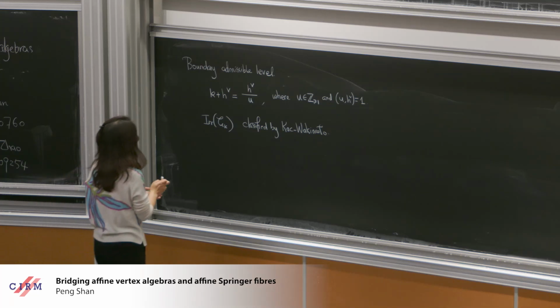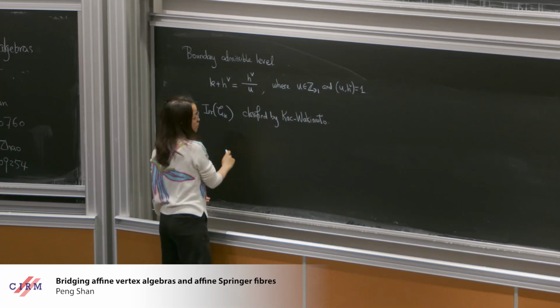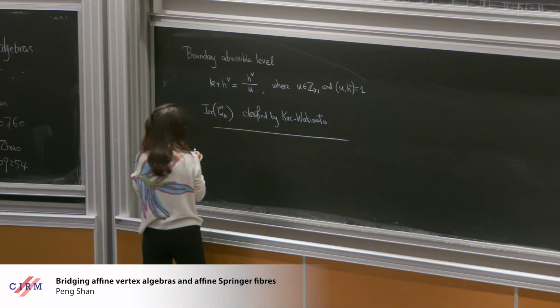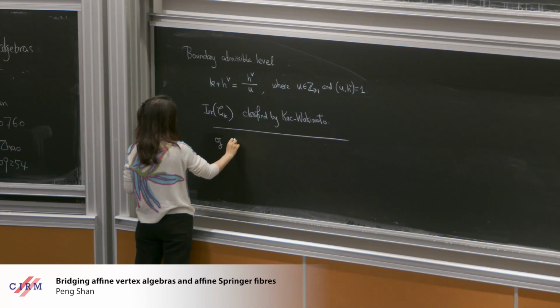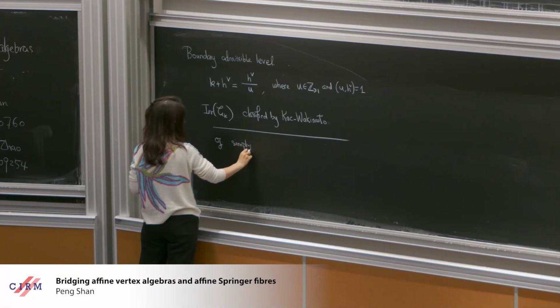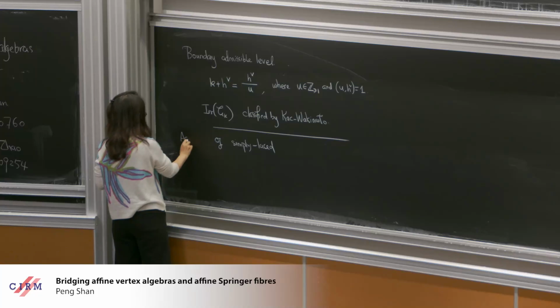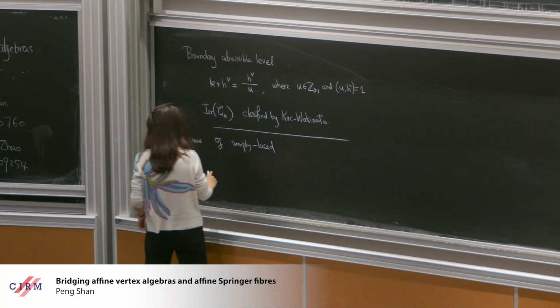So now I want to make the connection to affine Springer fibers. Okay, so from now on, I restrict myself to G simply laced case just to simplify this talk, because if G is not simply laced, I need to consider some twisted affine Springer fibers. And let me fix some notation.